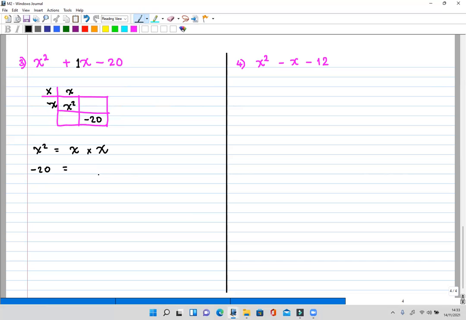Yes, -20, we need the two numbers that will be multiplied together to get -20. But when we add them, we will get 1. What numbers will be those?